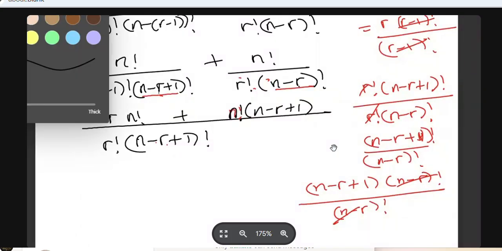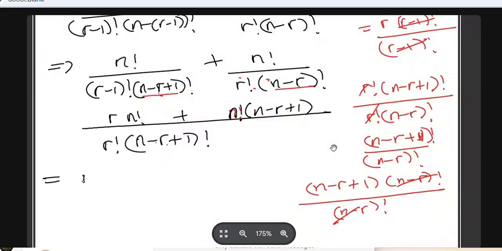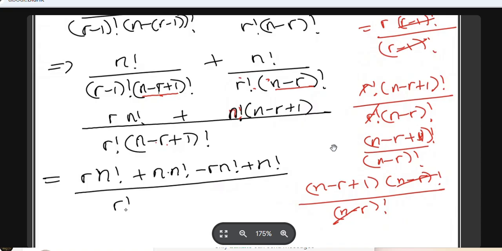Normal expansion. You're going to have r n factorial plus (n minus r) n factorial, then plus n factorial, and everything over r factorial, (n minus r plus 1) factorial.